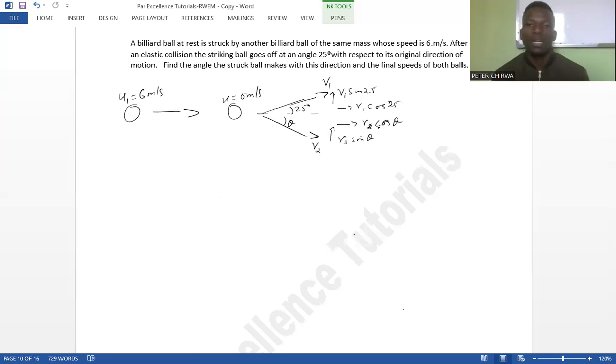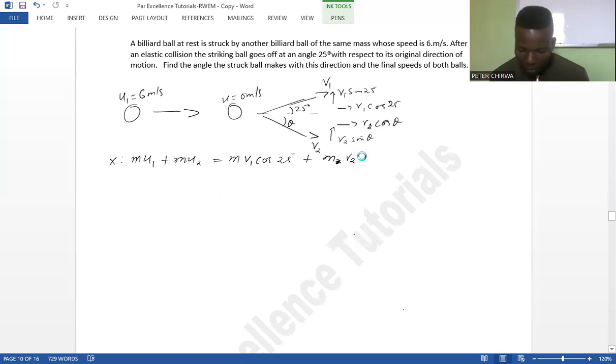So we are going to write the conservation of linear momentum both in x and in y, so we are going to have 2 equations. In x, the mass is the same, so I'm just going to say m u1 plus m u2. These are the initials. And we're going to have m v1 cos 25, the speed in the x direction, plus the same for the second mass, m v2 cos theta.